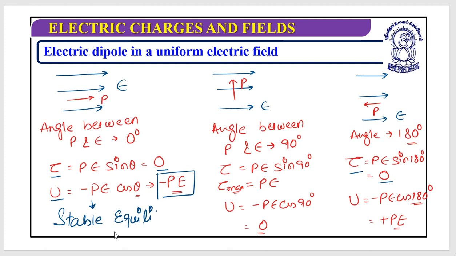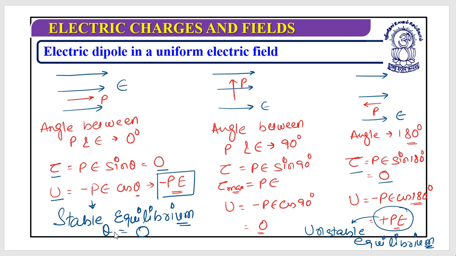Here the potential energy is maximum, so it is in unstable equilibrium. If theta is 0 degree, this represents stable equilibrium. If theta is 180 degree, then it is in unstable equilibrium.